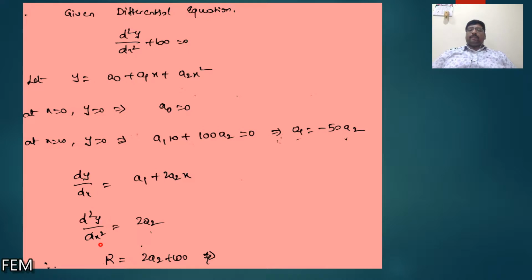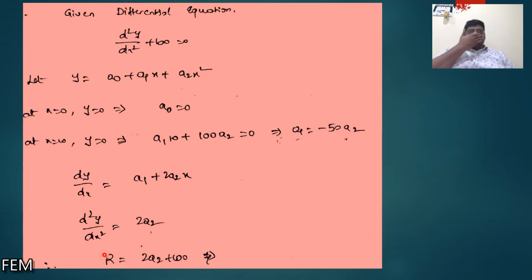Similarly, d square y by dx square is 2a2. Substituting this in the given differential equation, I get 2a2 plus 100 equal to 0. Here the differential function, 2a2 plus 100, is considered as the residual function, so residual r equals 2a2 plus 100.